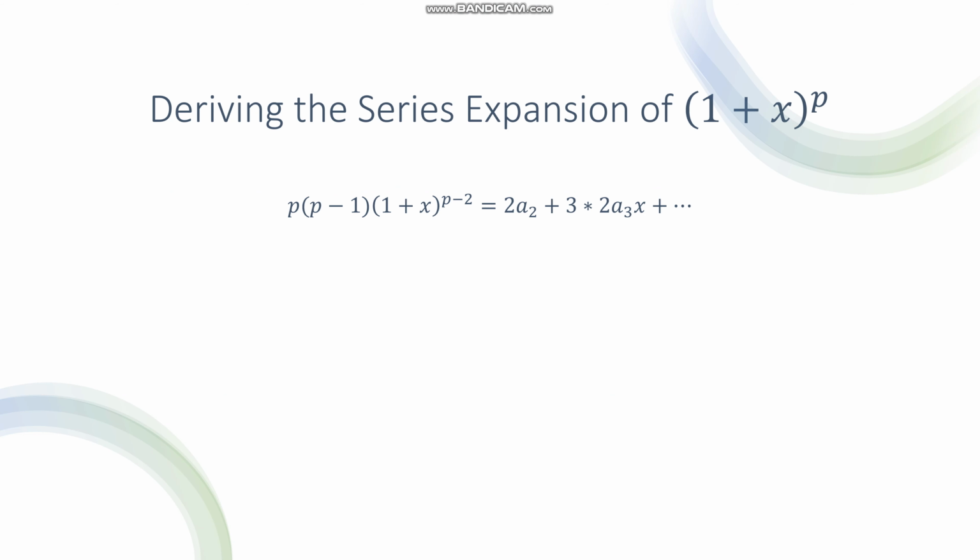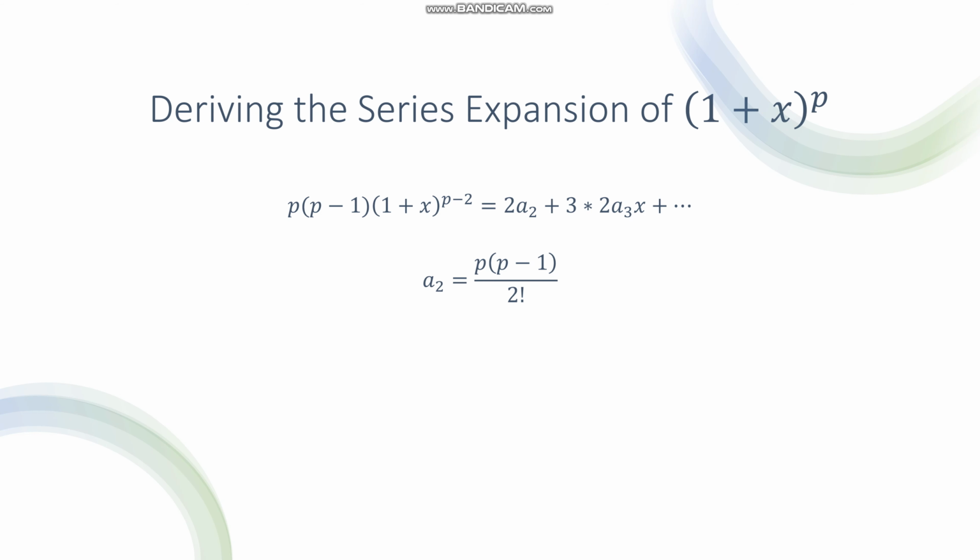And we're going to set x equal to 0 again to determine what our a sub 2 term equals, and we get p(p - 1) divided by 2 factorial, because the (1 + x)^(p-2) part just evaluates to 1. And I put 2 factorial in because 2 times 1 is also 2 factorial, even though anything multiplied by 1 is that number. This is going to come up more in the higher order terms.